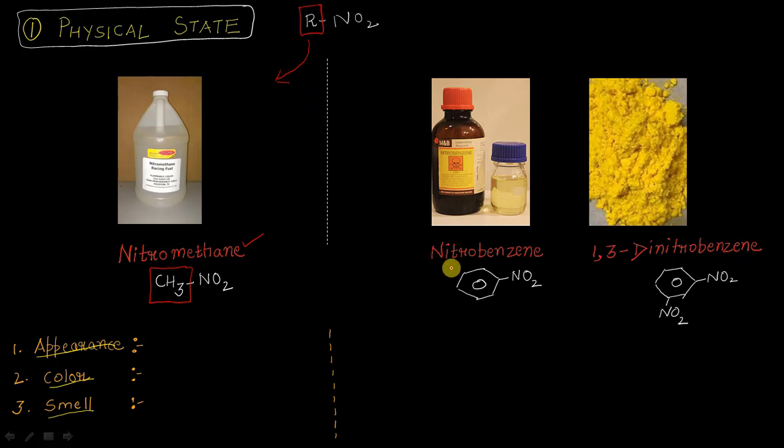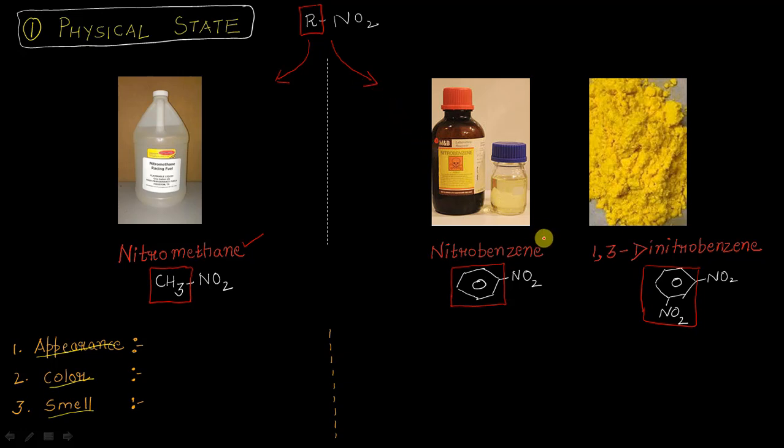On the other hand, we have a possibility that this same R group can be this type of aromatic group here, or let us say this type of aromatic R group. So in that case, we call such nitro compounds the aromatic type of nitro compounds.